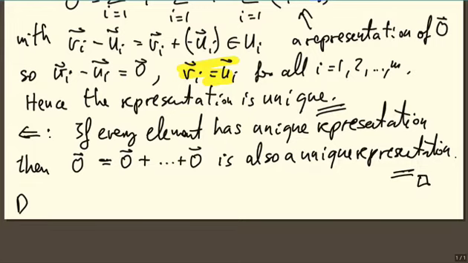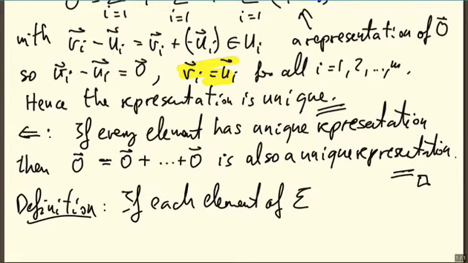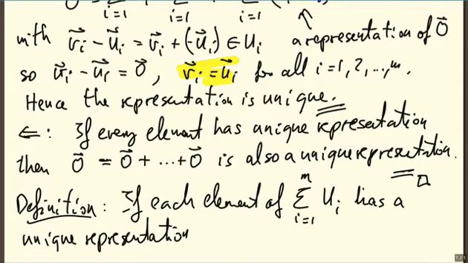Next definition. So we consider the case when each element in the sum of these subspaces has a unique representation in the sum.